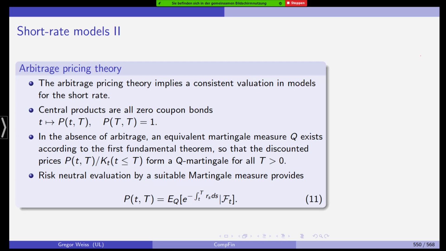So what you're doing is, you take the prices of the zero bonds, or the risky assets, you express them as multiples of the numeraire, which has to be risk-free, and if they form a Q martingale, then the market is arbitrage-free.